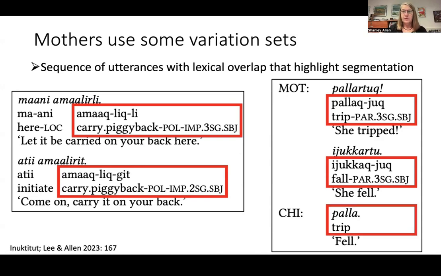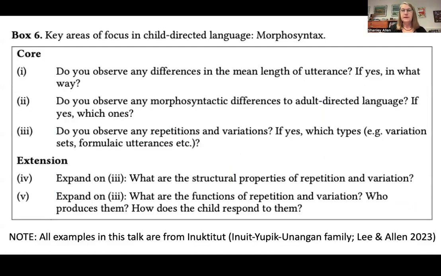Okay, so those are the things that we looked at in Inuktitut. I'll just come back to this slide here in general. We covered differences in mean length of utterance, and we looked at both utterances and words. Then any morphosyntactic differences, typical morphosyntactic patterns in child-directed language, and then repetitions and variations.